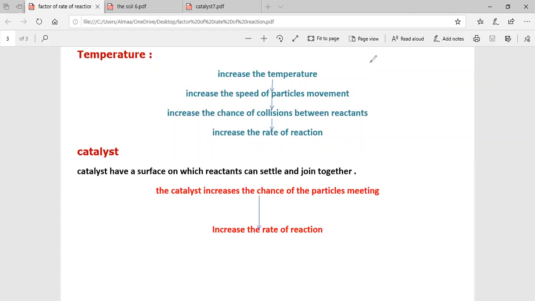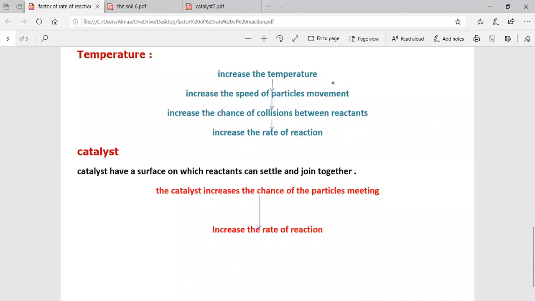What's the meaning of catalyst? The catalyst is a chemical substance which speeds the rate of reaction in a chemical reaction.